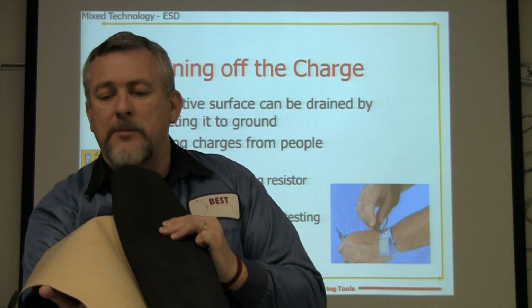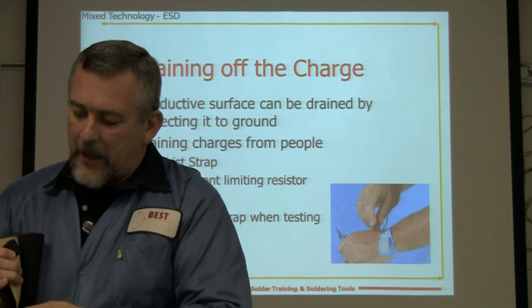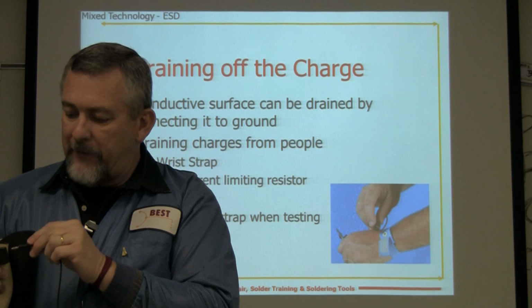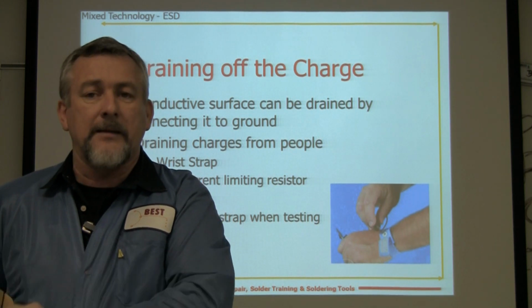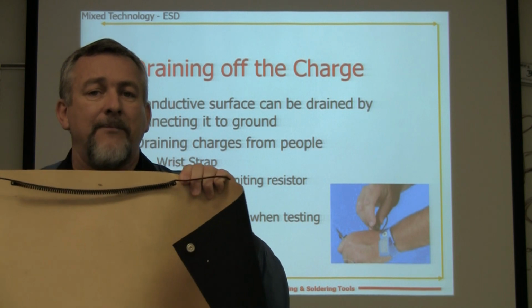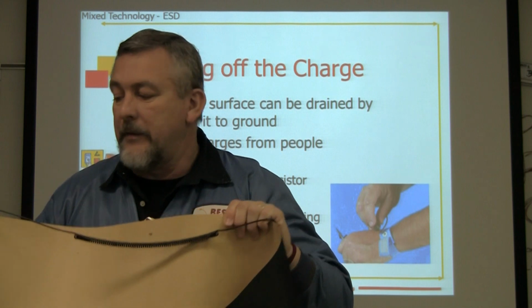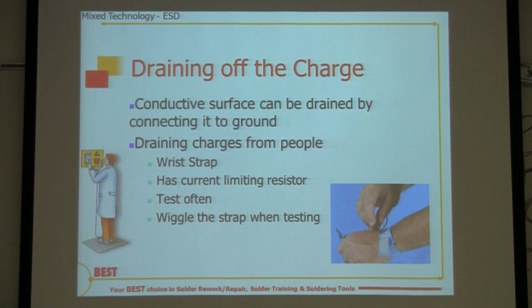It's got a mesh barrier in it. It's all to ground. It's got a 1 mega ohm resistor in line with it. And all I would do now is just come over here and snap it into place, something like that. And then I keep all my equipment and materials on this ESD safe mat. And then I don't have any issues whatsoever, or should not have. Okay? That's another way to do it. Static dissipating mats, wrist straps.